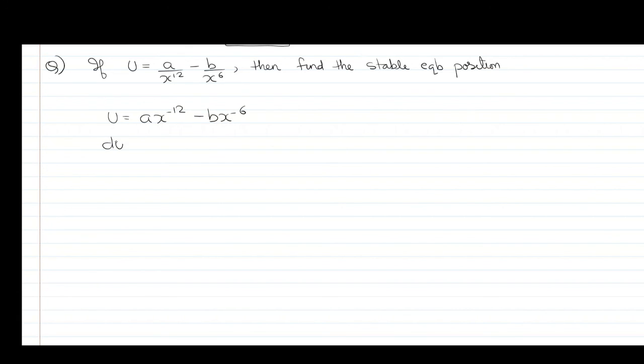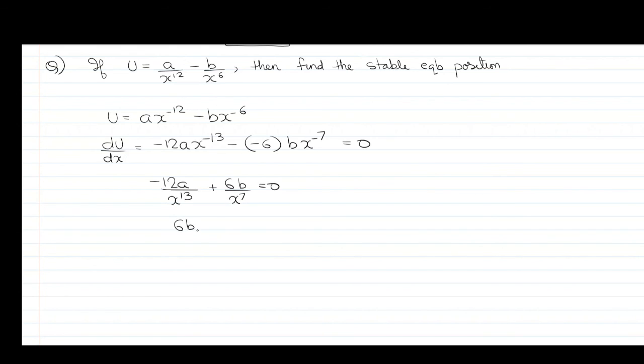So dU upon dx will be minus 12A x to the power minus 13 minus minus 6B x to the power minus 7, and this should be 0. So we will get minus 12A upon x to the power 13 plus 6B upon x to the power 7, and this should be 0.